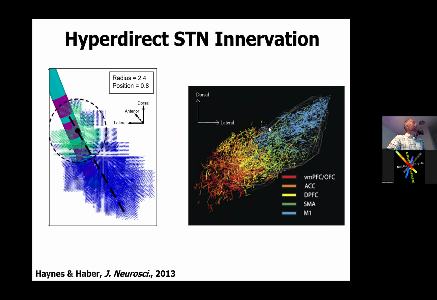So if you put the tracer in M1, those synaptic inputs would terminate in this dorsolateral STN. If you put the tracer in the prefrontal cortex, you would get the synaptic terminals ending up in the anterior subthalamic nucleus, right?